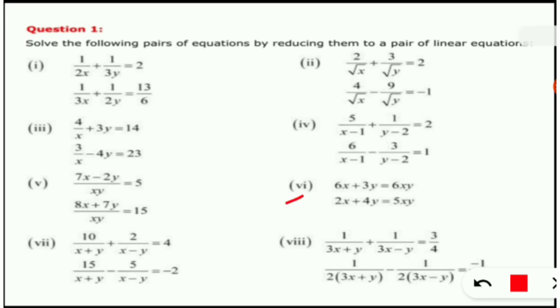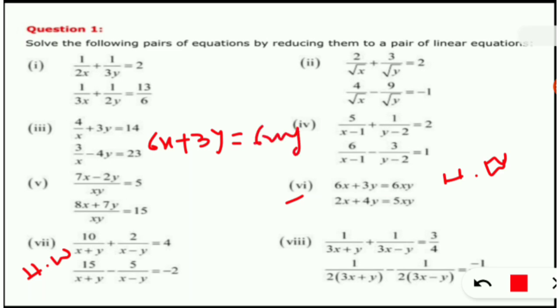Now question number 6 is your homework, and 7 is also homework. For question number 6, we have 6x plus 3y equals 6xy.